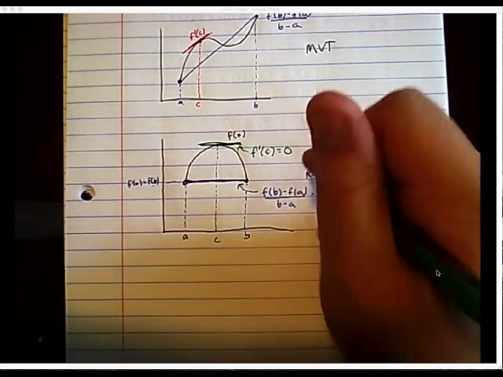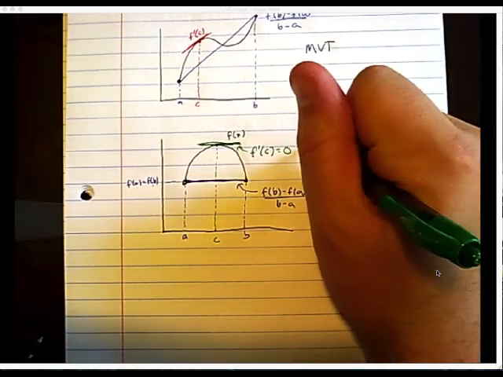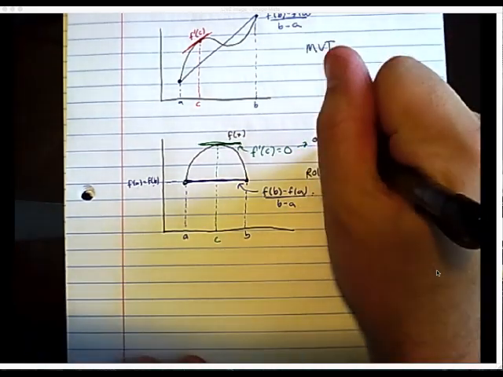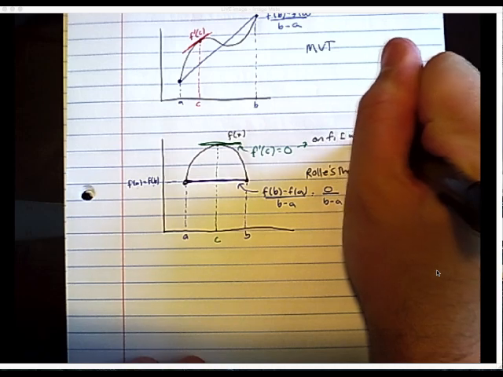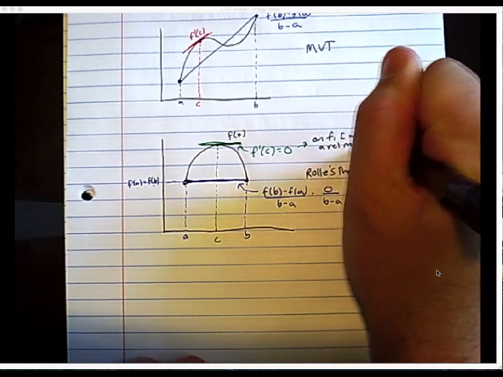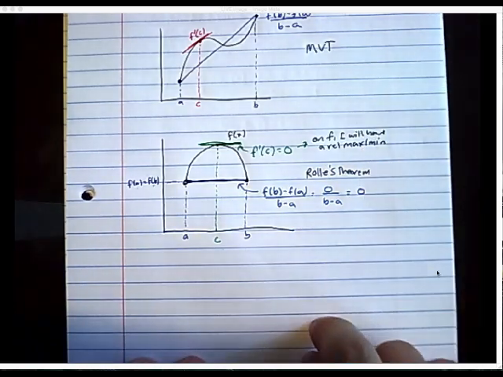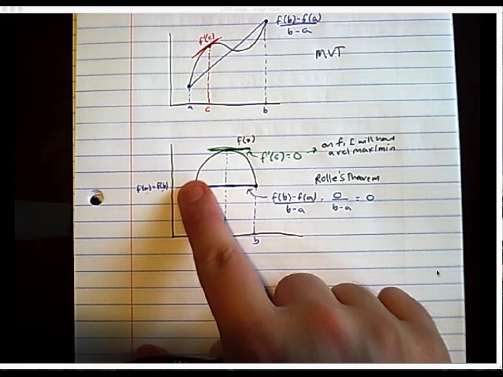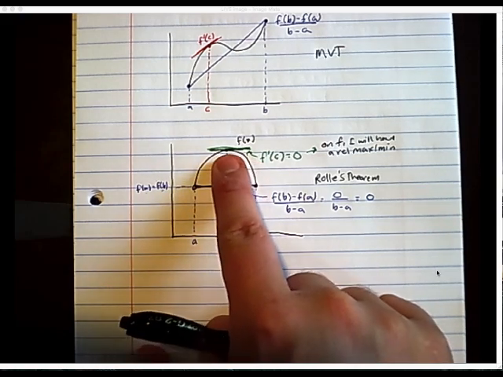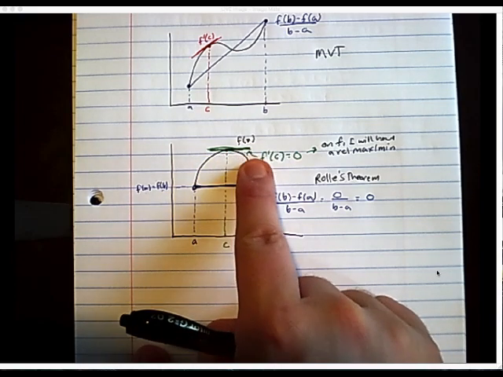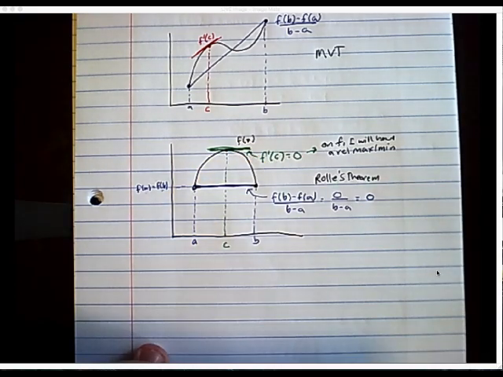Which basically lets me know that on f, I will have a relative max or min. So if the average rate of change equals 0, somewhere inside this interval you're going to get a tangent line with a slope of 0, which means you would have a relative max or a relative min.